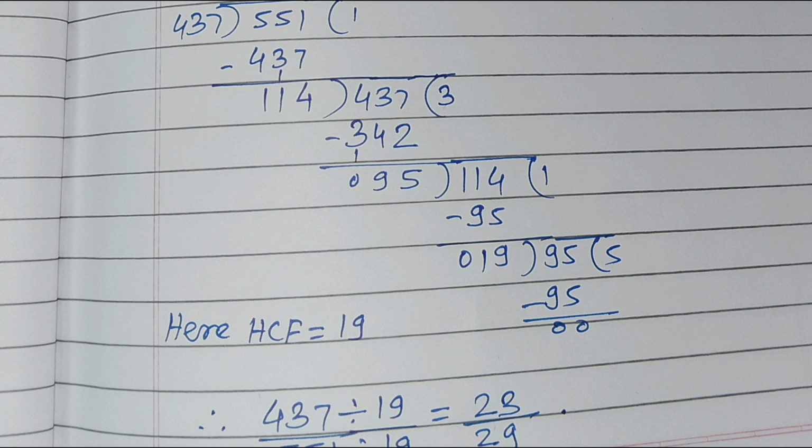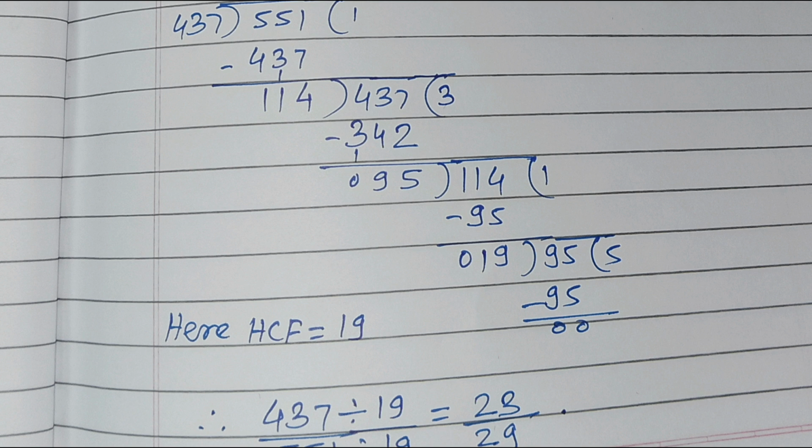Now the next fraction is 437 divided by 551. Now the bigger number 551 divided by 437 as 437 ones are 437. Then subtraction is 114. Make it the divisor of 437. Then 114 threes are 342. Then subtraction is 95.